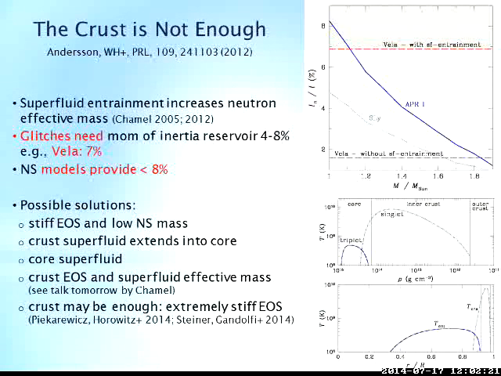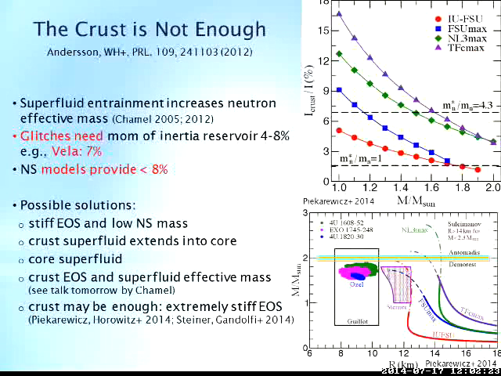Let me just skip to the final one. Andrew has a paper on this recently, where you could have a very stiff equation of state. This is a different paper, but they've plotted it basically the same way as I showed previously. These are basically our two curves. They construct two different equations of state that can give you a lot more.